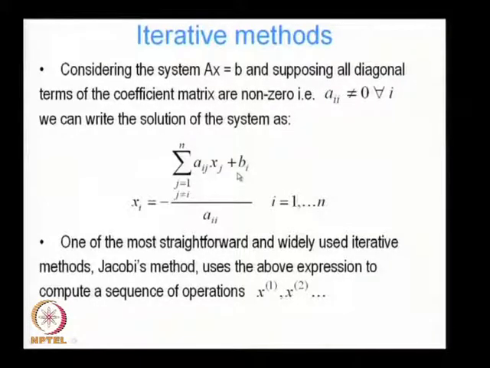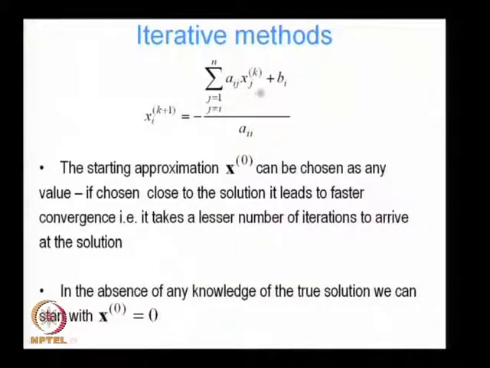So, all we are saying is that if we know the solution from the previous iteration, which I am denoting with the superscript k, and I put them on the right hand side, then I can get the new values of the iterate from the left hand side, because I am rewriting each equation by isolating one of the independent variables and putting it on the left hand side.